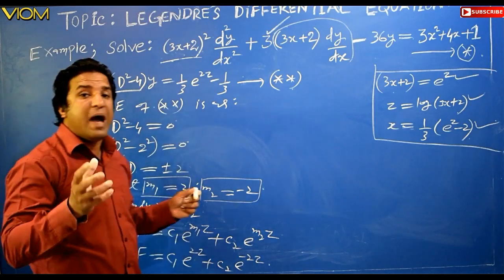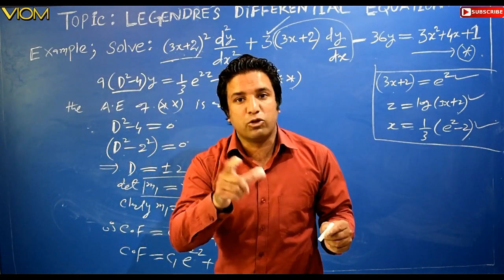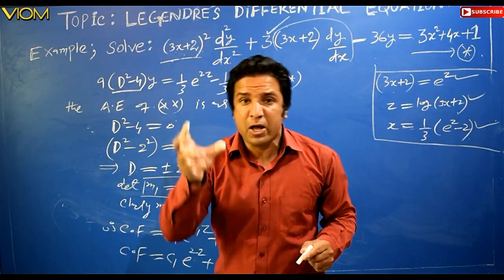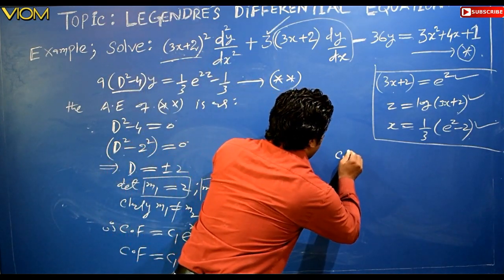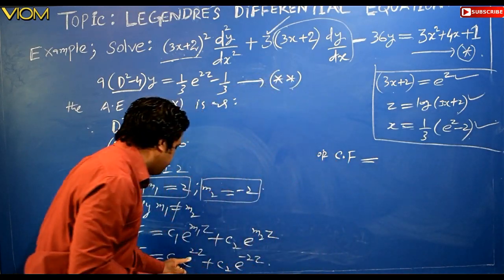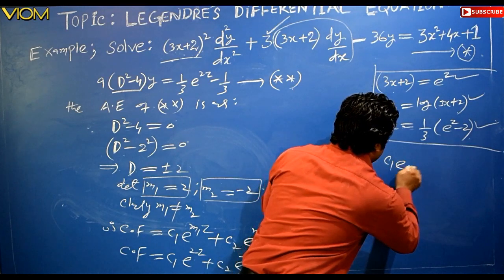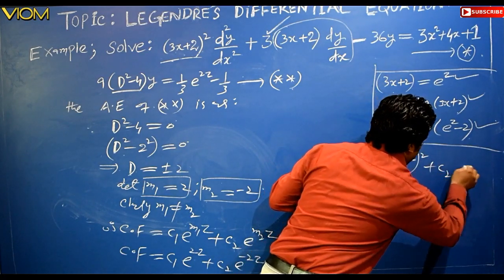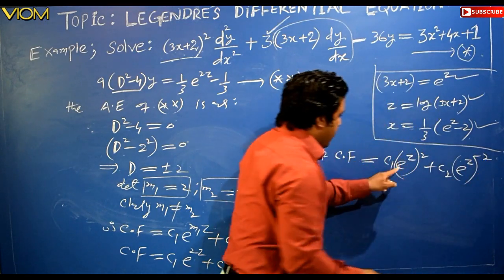Now, but our given differential equation is in variable x, not in z. Now I will transfer this complementary function in terms of x. So I can write C.F. = c1 (e^z)² + c2 (e^z)^(−2).